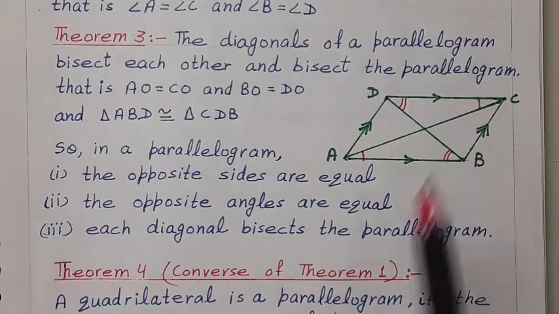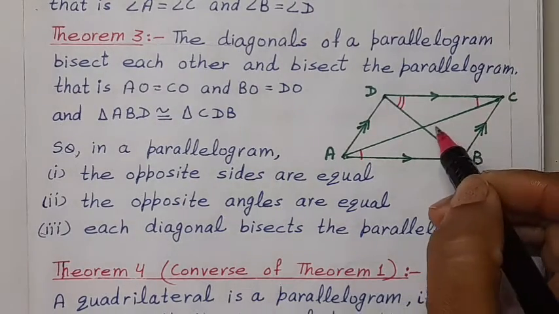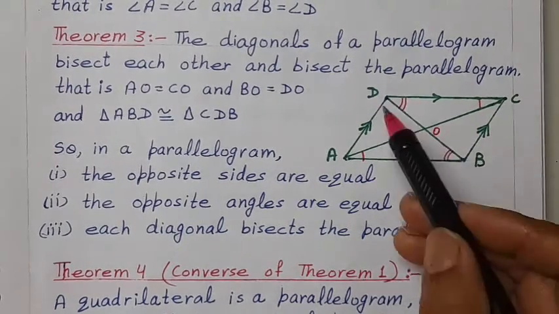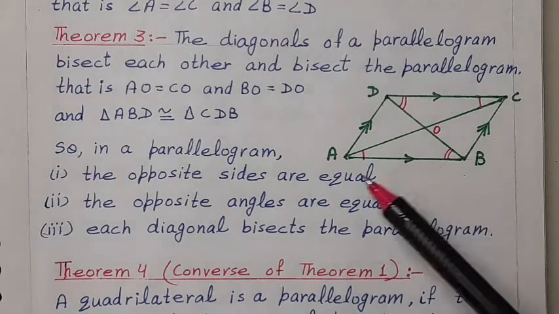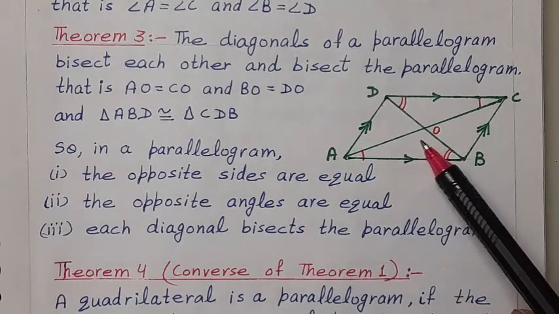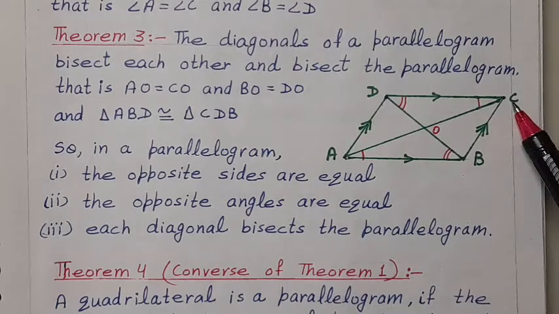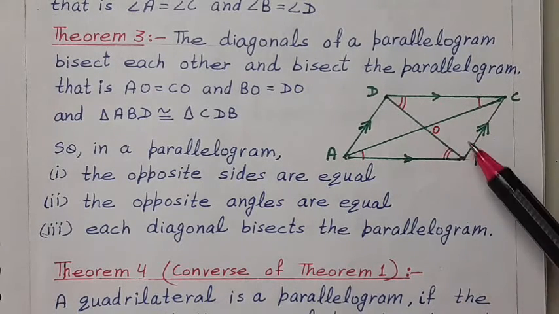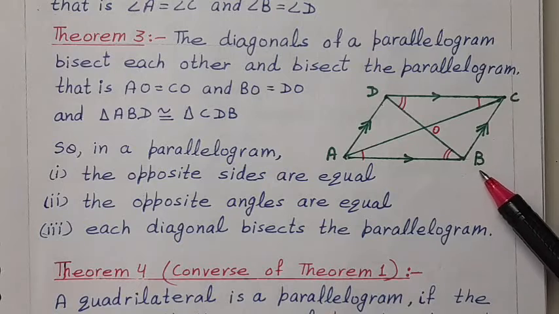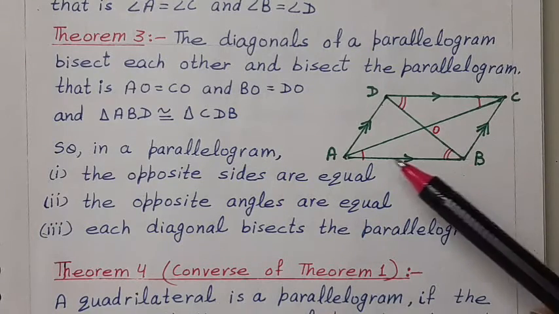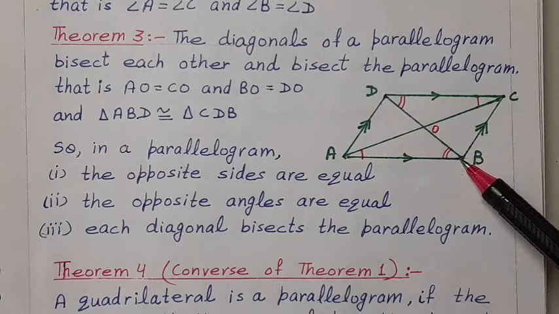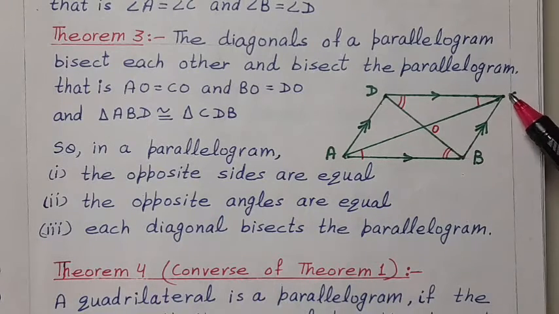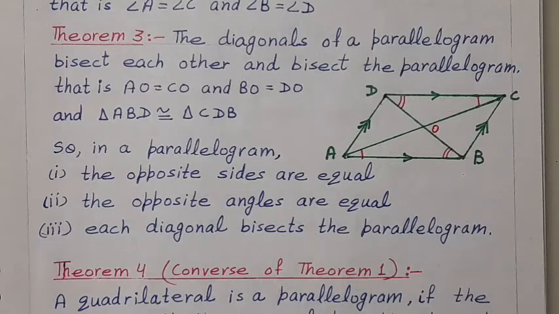That is, if O is the point where both the diagonals intersect, then AO is equal to OC and DO is equal to OB. Also, triangle ABD is congruent to triangle CDB. I hope it is clear to everyone.